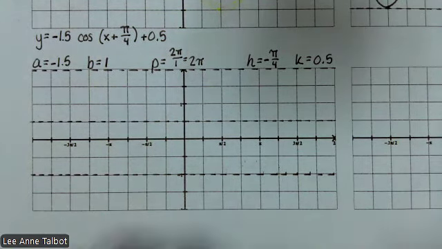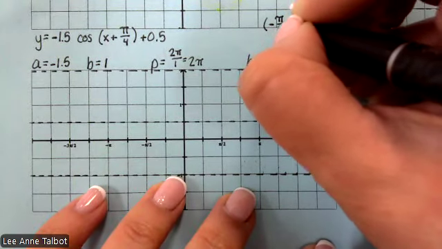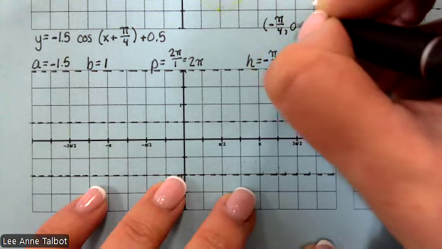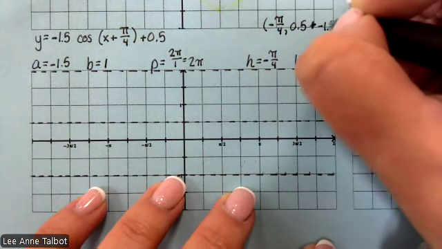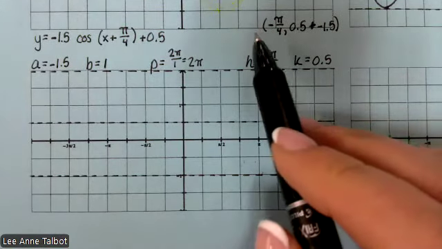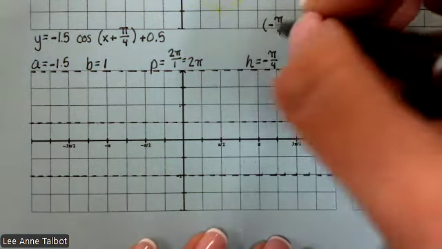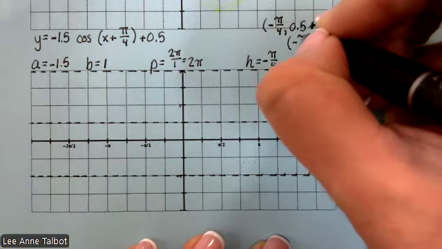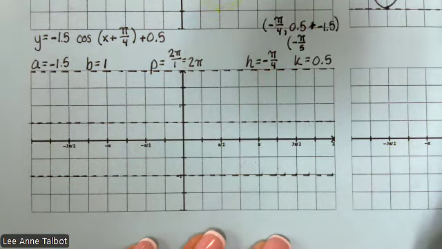Next step, locator point. This one's kind of spicy. H, comma, K plus A. Okay. What is positive 0.5 plus negative 1.5?